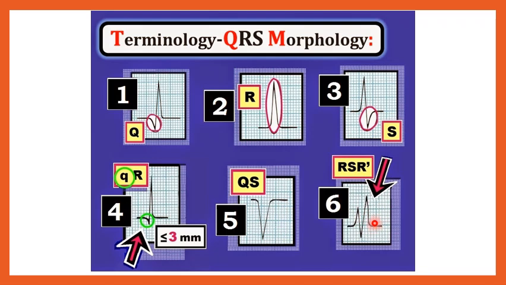So this is called an RSR. And whenever there's a duplicate, like a duplicate R wave here, we say that is an R prime wave. So a second wave of the same sort, an additional R, is going to be referred to as prime.